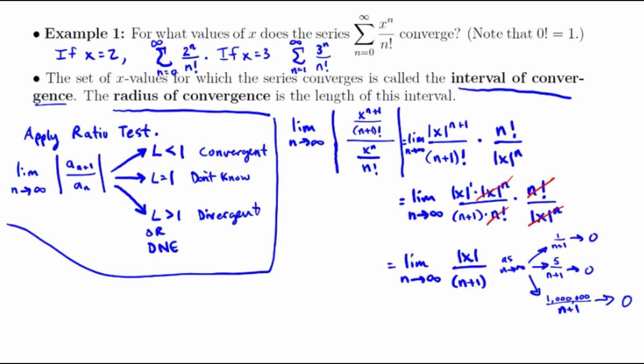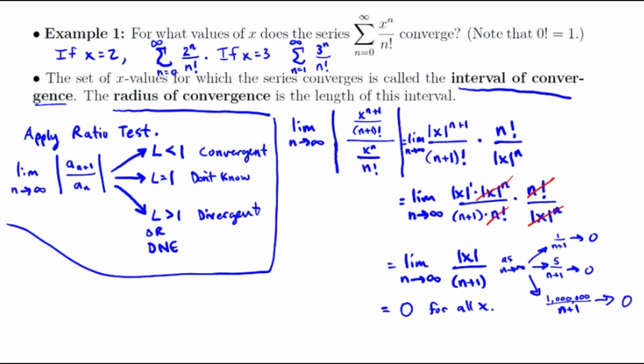So here's what this means. This limit is equal to 0 for all x, right? It doesn't matter what x you choose, this limit goes to 0. And by the ratio test, that means no matter what x we choose, it will definitely be a convergent series.